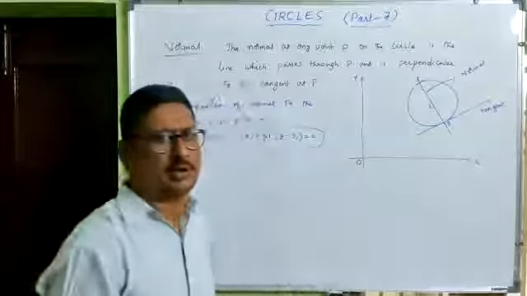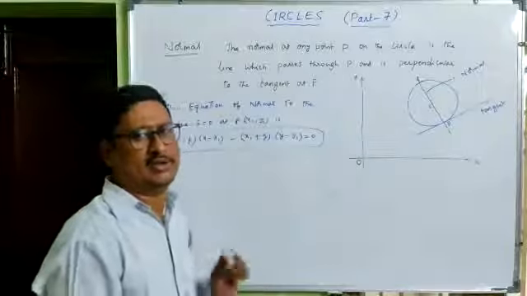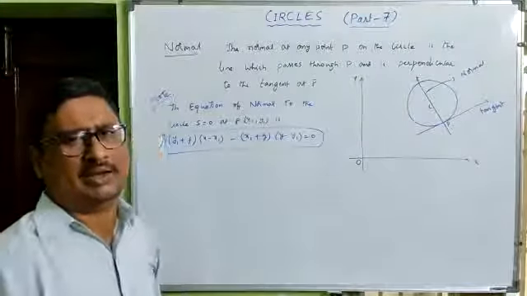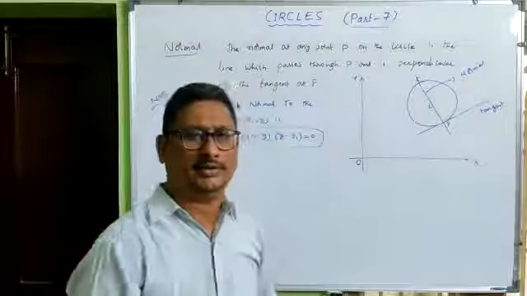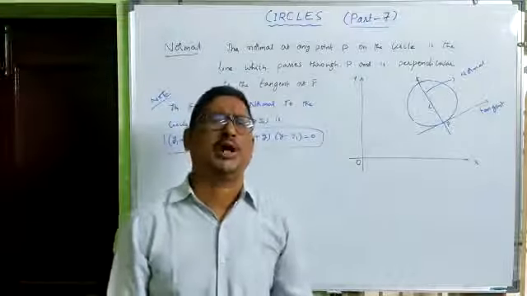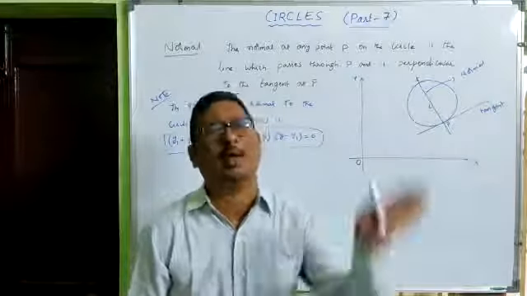Let's go to the next note, and you can take it as a definition also. So what is normal? Normal is nothing but a line perpendicular to a tangent. Whenever we draw a tangent at a point P, the normal should also pass through the point P and be perpendicular to the tangent.